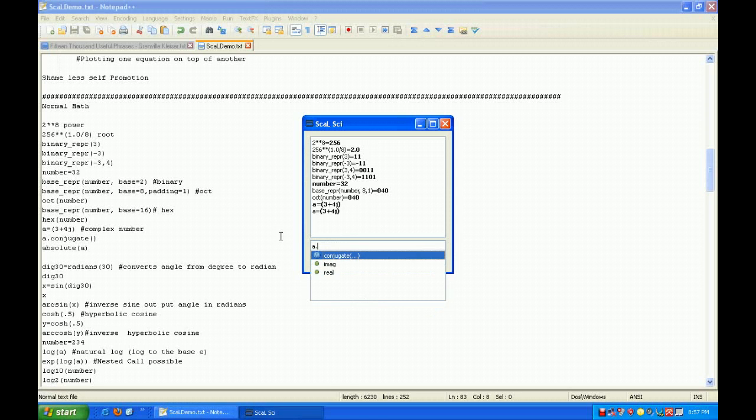We can calculate conjugate. Can take real part, imaginary part, and can look into its absolute value.